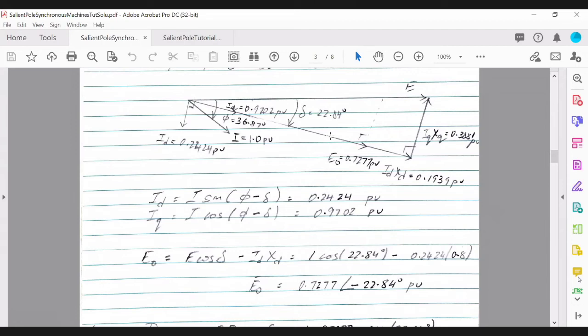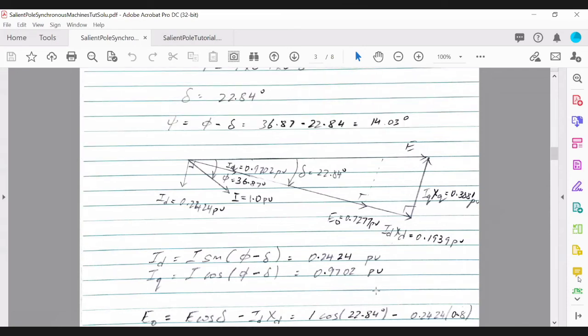So from this point to this point is E cos of delta, right? And for us to get E naught, we need to subtract this phasor from there. So E cos of delta up to here minus ID Xd, which I've done here, you get basically E naught, right? So I've worked it out.